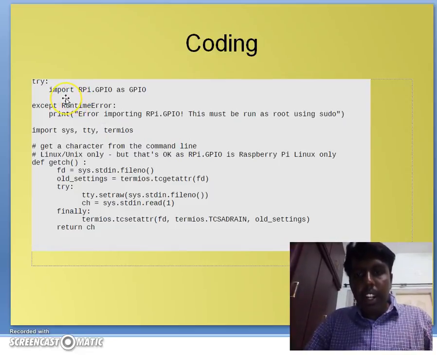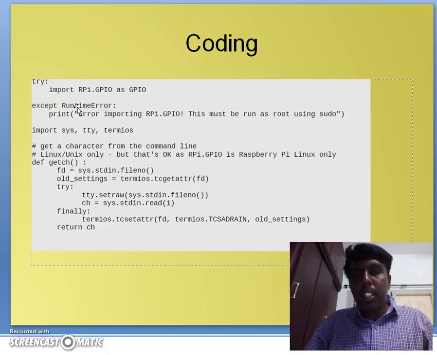You're just using this try-catch exception handling, trying to import RPi.GPIO, and then having an exception of runtime error to print the error of importing the GPIO part. This must be run using sudo.